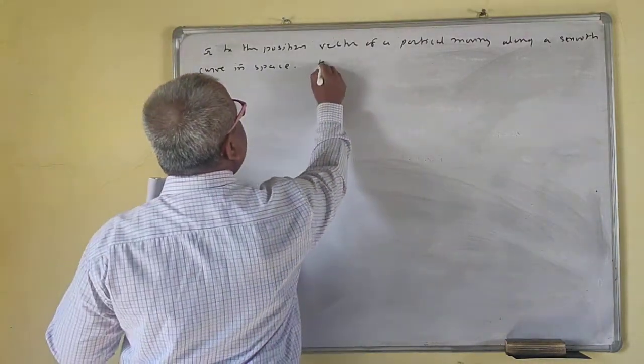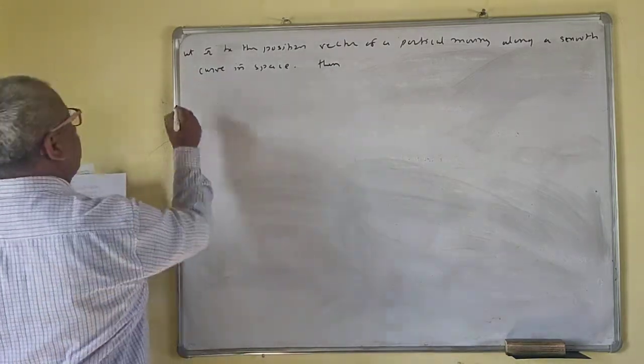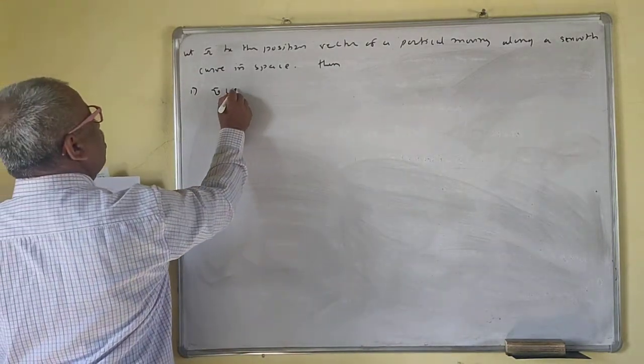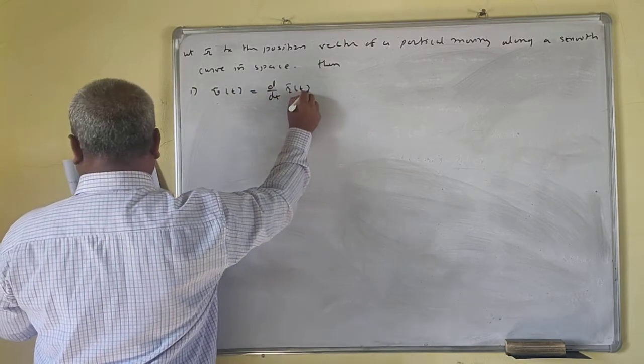Then v bar of t is equal to d by dt of r bar of t.